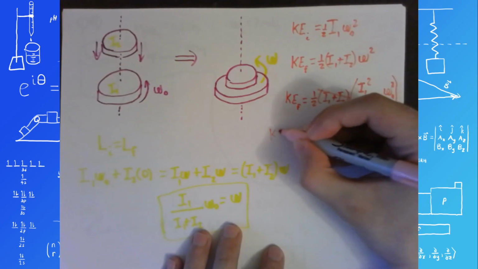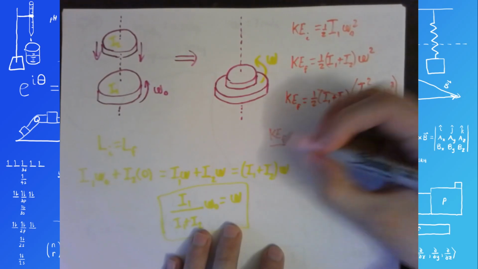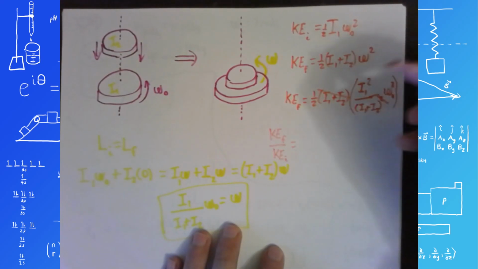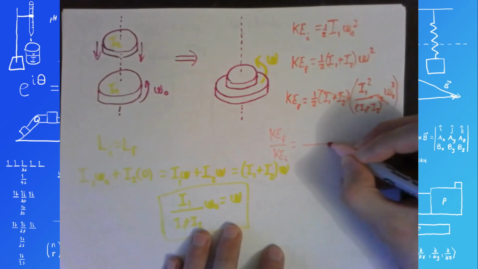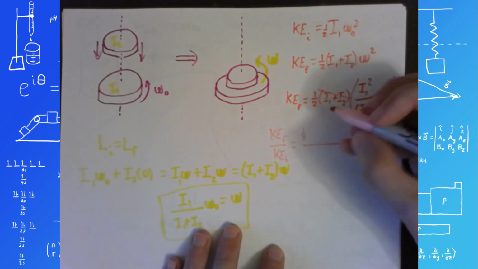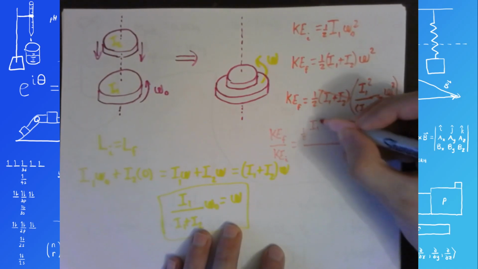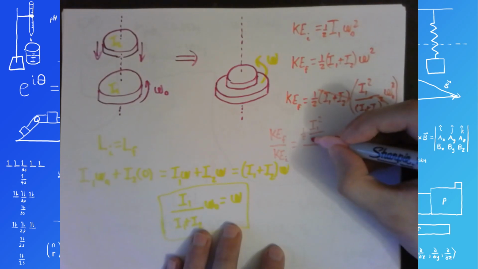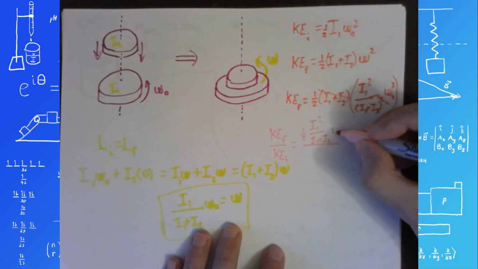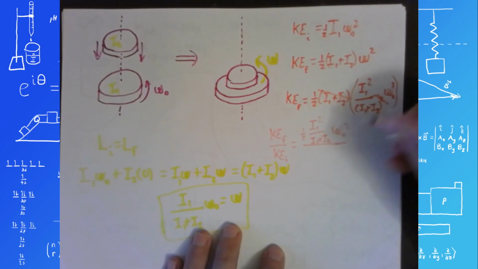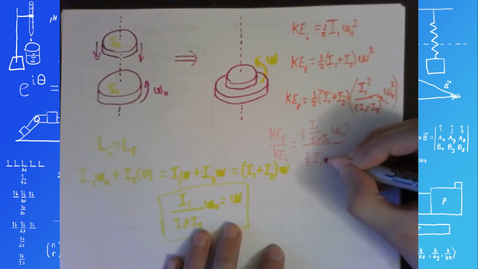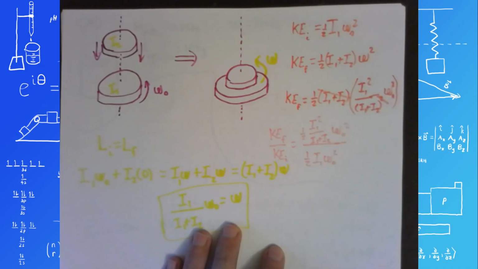So I'm going to do KE final over KE initial equals, let's see, we're left with 1/2 and then I1 squared over I1 plus I2 times omega 0 squared, over the initial kinetic energy, which was 1/2 I1 omega 0 squared.